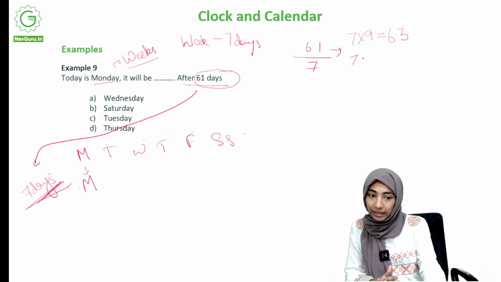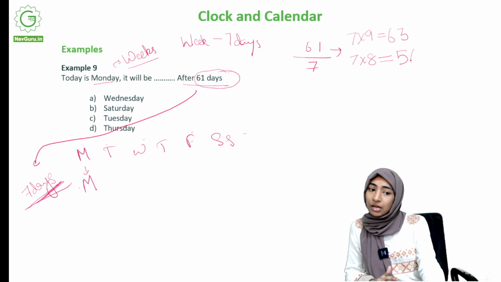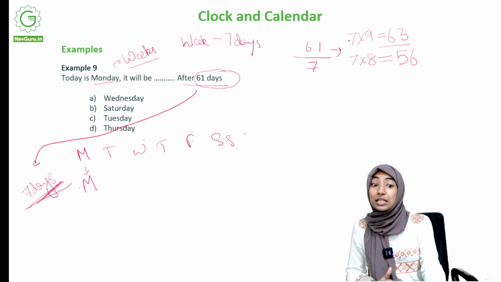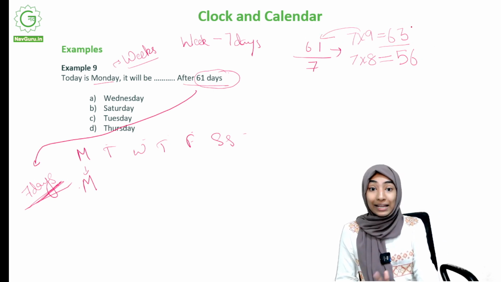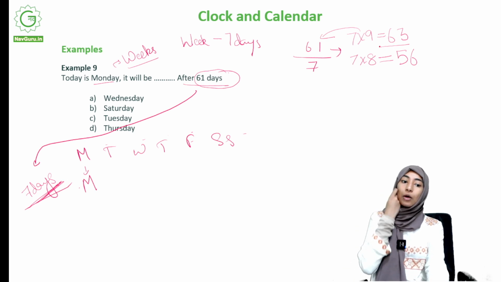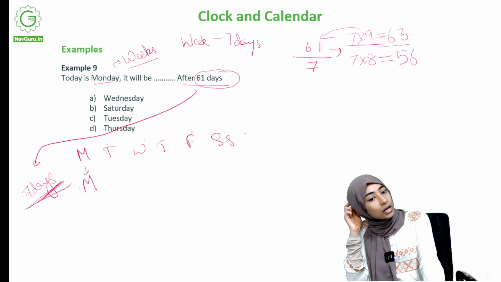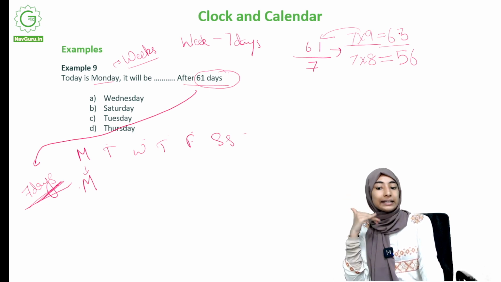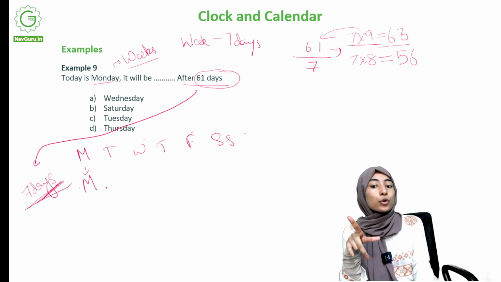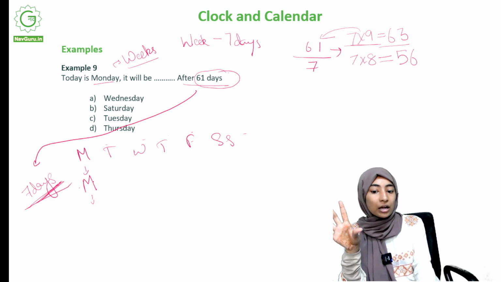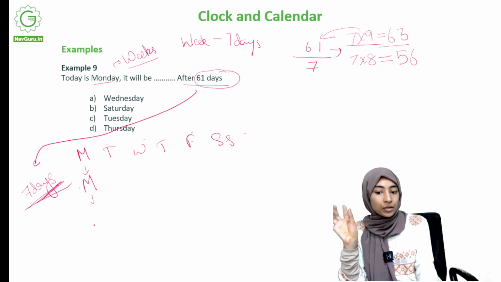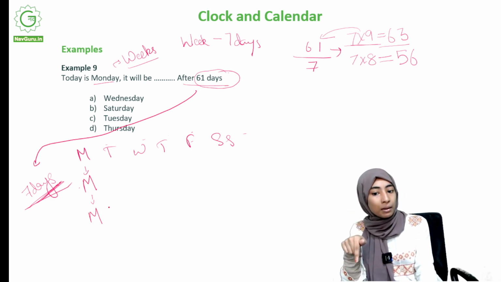So let's go to the one right below. 7 8s are 56. 56 is a good idea, but 63 you see is closer to 61. So let's take 63 itself. Okay. So now if I take 63 here, basically after 9 weeks, you know that 63 days is basically 9 weeks. Now that is also going to be a Monday. Why? Because we just figured out, you know, after 7 days it will be a Monday. So after 7 into 2 days also it will be a Monday.